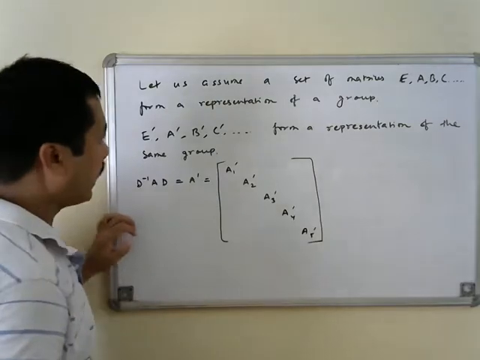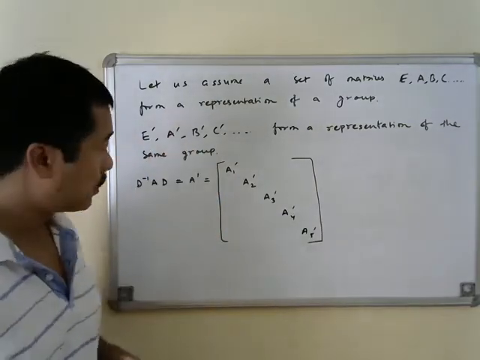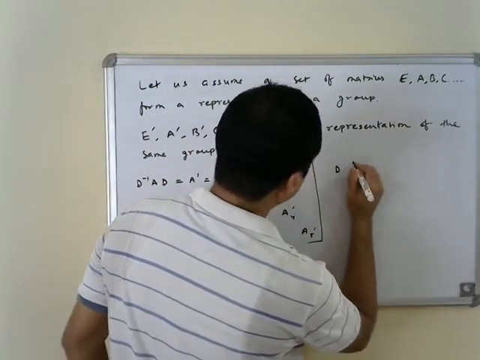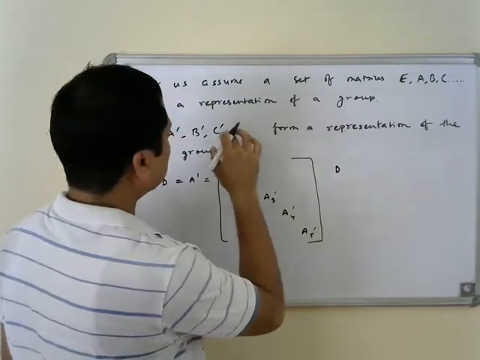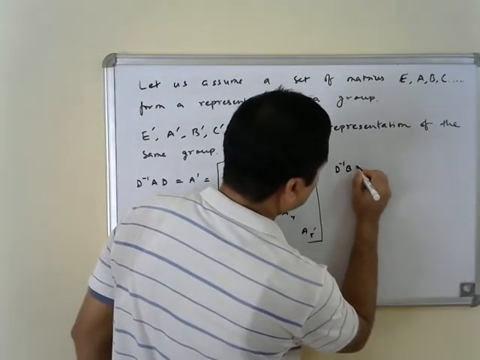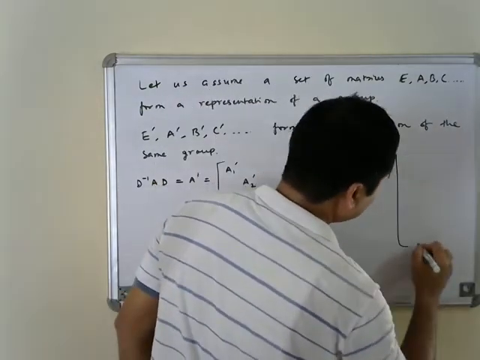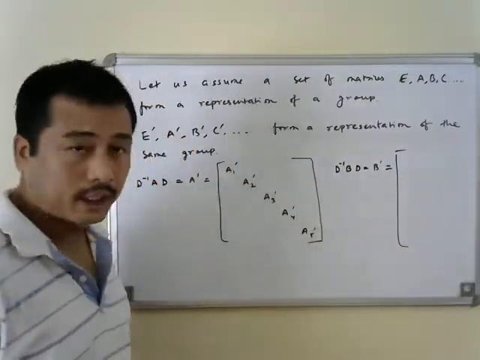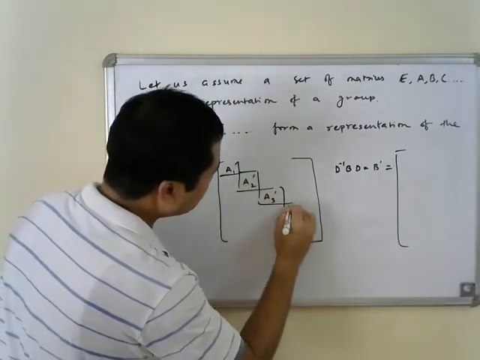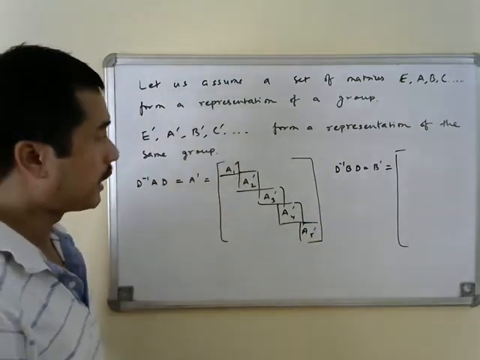And if this is true for all the matrices in this prime set of matrices, that is, if it is true even for B dash, C dash, and D dash. In case of B dash also, we can do block factoring in the same fashion that we can do in case of A dash.